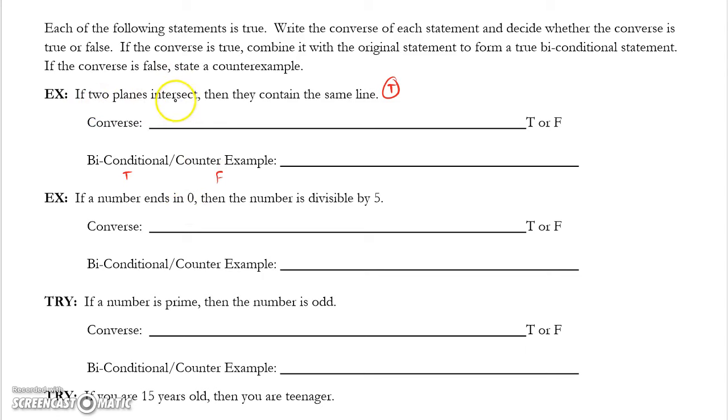If two planes intersect, then they contain the same line. That's true. The converse, if two planes contain the same line, then, I didn't give us enough room to write this, but I'll write it above, they intersect.